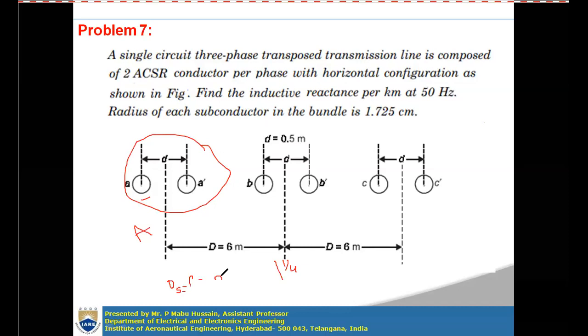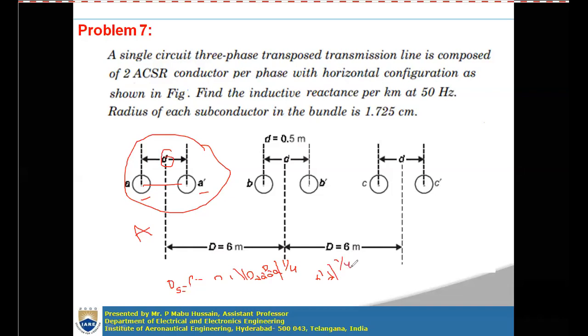Then if you consider the subconductor A dash, it is DA dash A dash, the self distance, then from A dash to the other conductor, the distance DA dash A. So DAA and DA dash A dash are the geometric mean radius value, which is R dash. And A to A dash distance is small d here. So here also R dash into small d you are getting, whole to the power of 1 by 4.